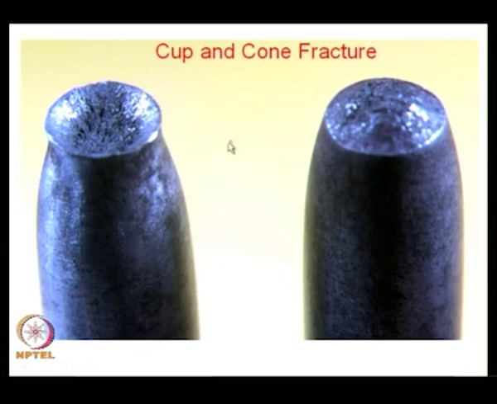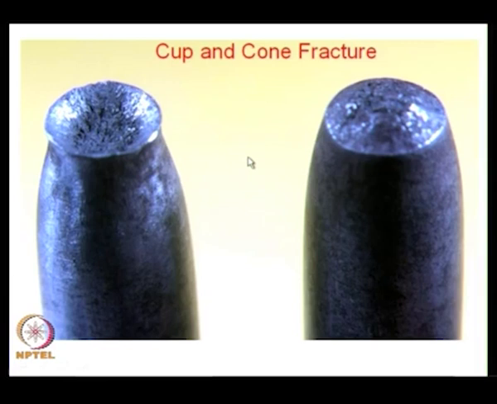This is one view of it. I would like you to make some sketch as much as possible. You may not be able to replicate all these finer details, at least the appearance of a cone like what you see here and a cup, and you can see localized plastic deformation. I have different views of the same specimen.